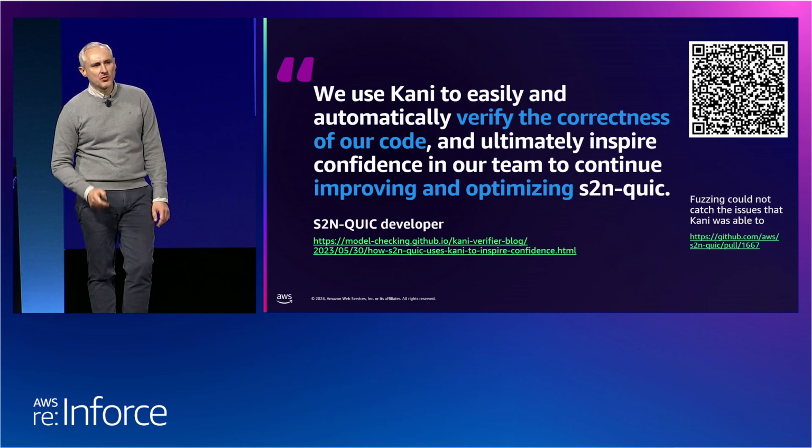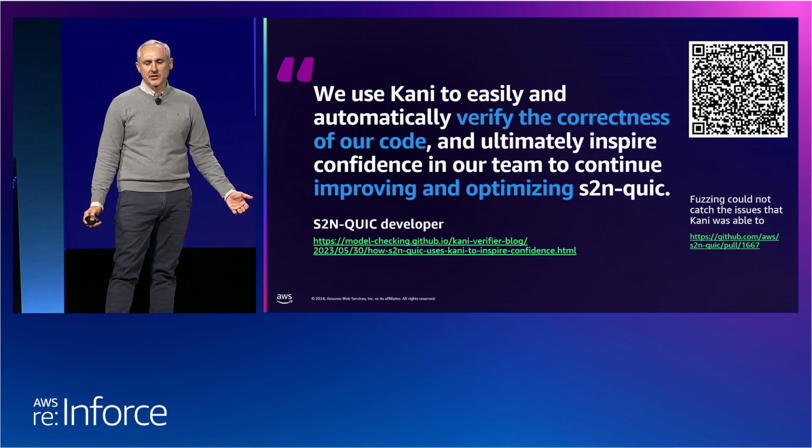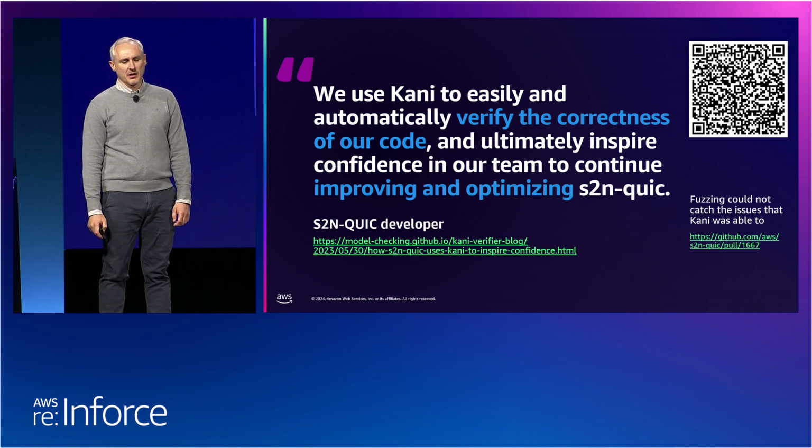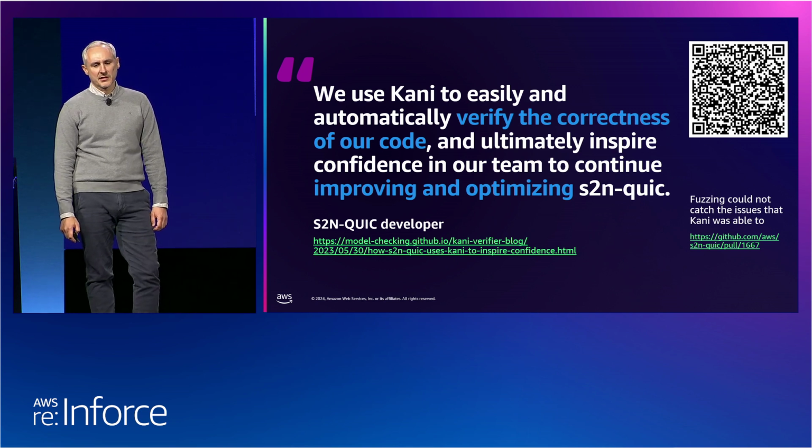So I'm going to zoom into one of our users' stories. This is about S2N Quick. It's a library by Amazon that implements the Quick protocol. And they've been using Kani heavily to verify the correctness of their performance optimizations that use unsafe Rust.